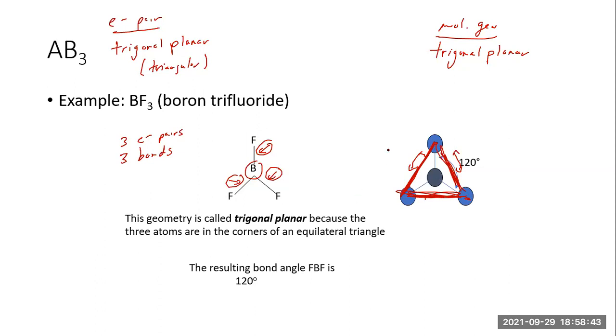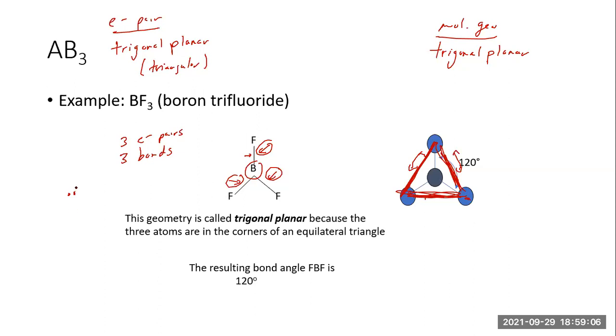Professor, I have a question. Yeah. So how do we know when they're bonding electrons? Bonding electrons are the lines, where you have two dots and two elements on either side of it. So these are bonding electrons within a bond. Non-bonding electrons are the dots, so those don't have any element on the other side.